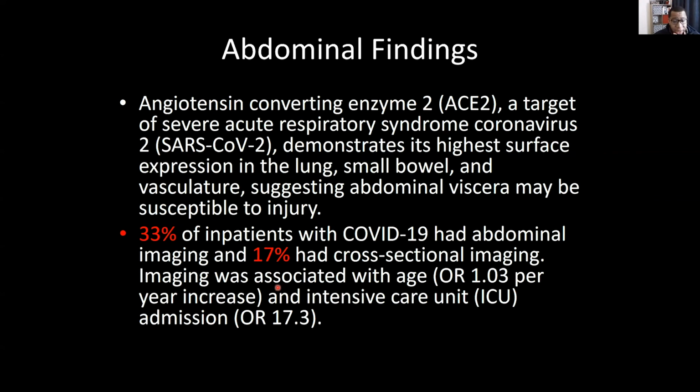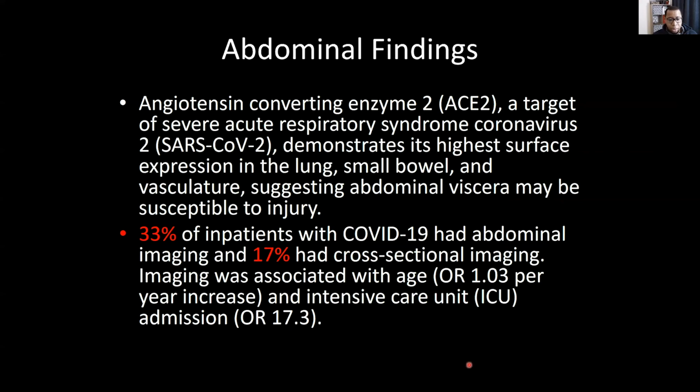What about abdominal findings? So this ACE2 receptor is also seen in the lungs, but small bowel and vasculature, suggesting abdominal viscera may be susceptible to injury. And in fact, a study showed that up to a third of inpatients with COVID-19 had abdominal imaging, and 17% had cross-sectional imaging based on symptoms.